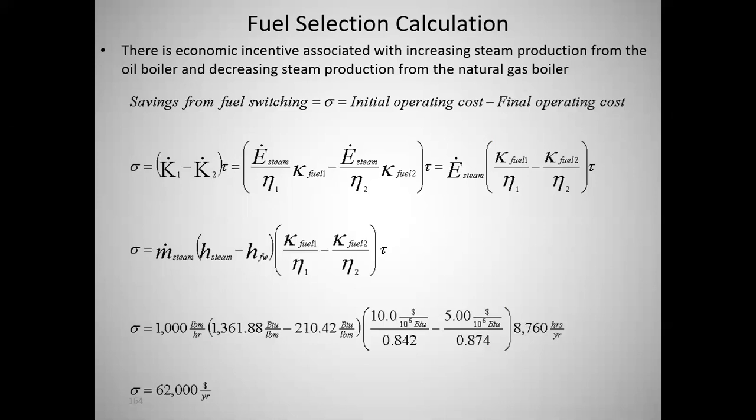And the natural gas is $10 a million divided by the efficiency of that boiler, 0.842, minus $5 per million, the cost of the fuel oil, divided by the efficiency of that boiler, and then times every hour of the year, 8760. So that's $62,000 a year for every 1,000 pounds that we switch from natural gas to fuel oil.